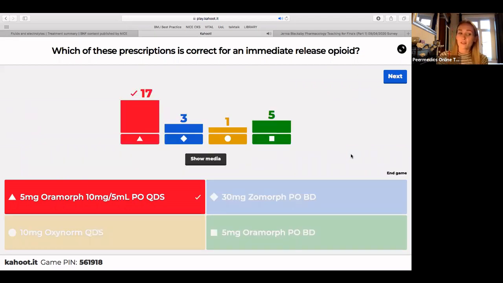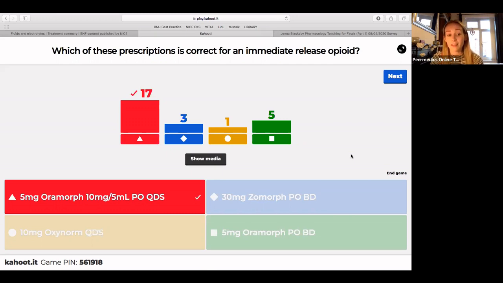Brilliant, okay, so yeah, 5 milligrams of Oromorph, 10 milligrams in 5 ml, PO, QDS. This is the right answer because it provides the dosing, the right drug, the strength, the route, and the frequency. Zomorph is a modified release, so that's not right.